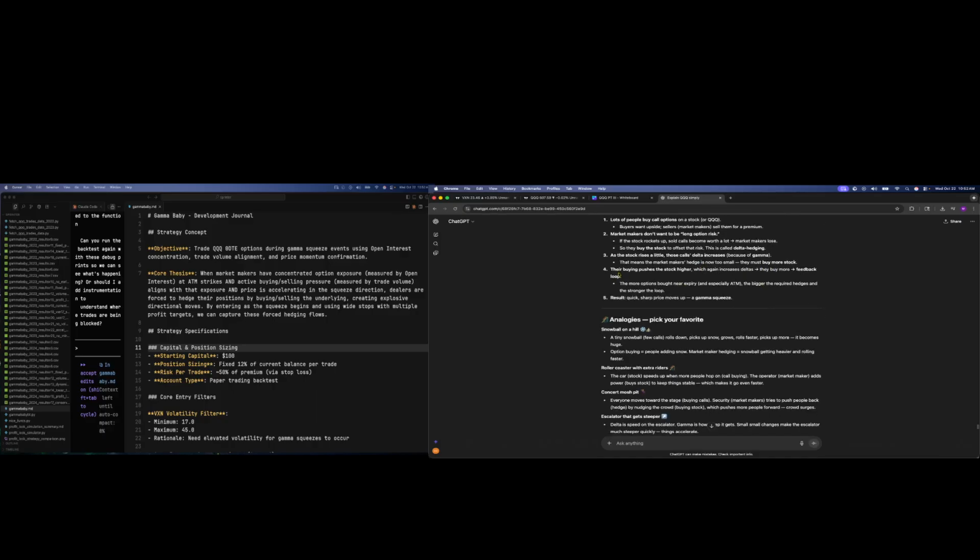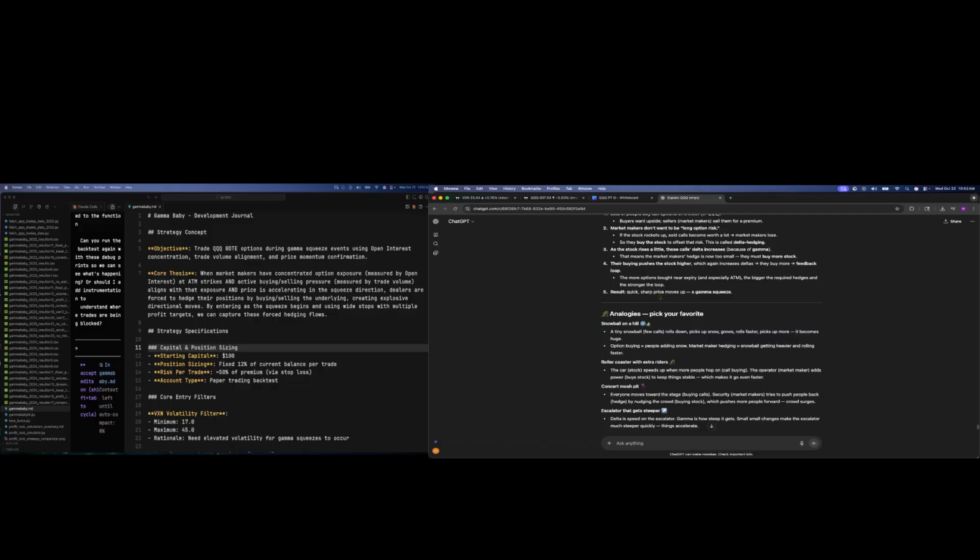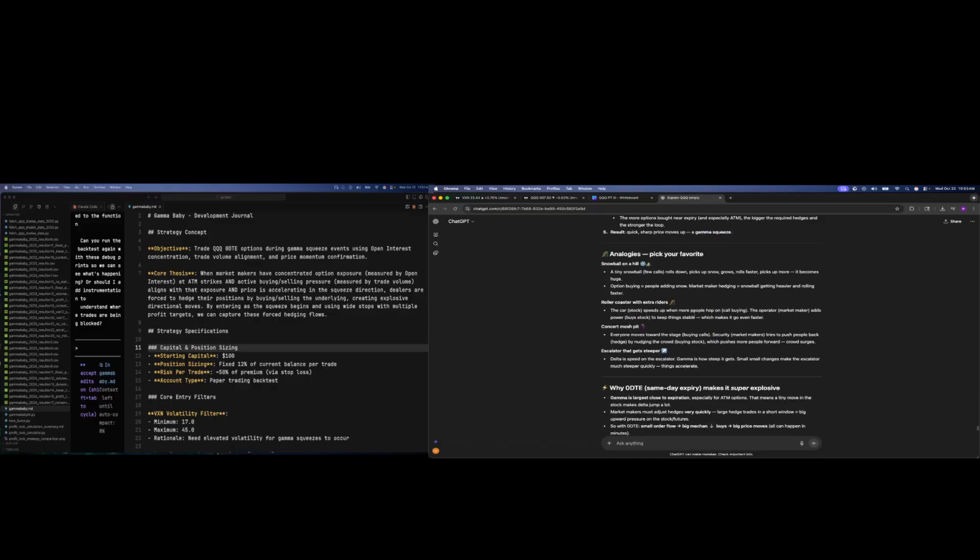Their buying pushes the stock higher and increases delta again, and that's called a feedback loop. The more options bought near expiration or at the money, the bigger the required hedges and the stronger the loop. The result is a quick, sharp price move, and that's called a gamma squeeze, right?